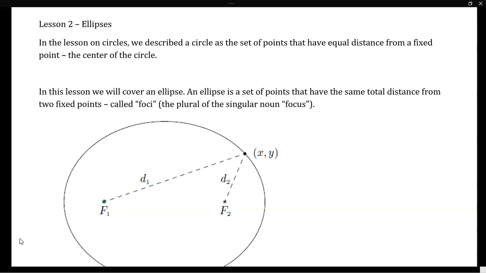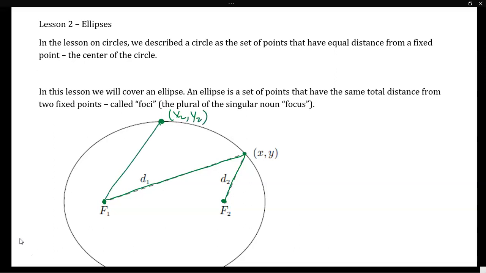So if you see in our diagram, we have F1 and we have F2. On the ellipse, whatever the distance from F1 to (x, y) is, plus the distance back to F2, if we put another point here, we'll call this point (x2, y2).